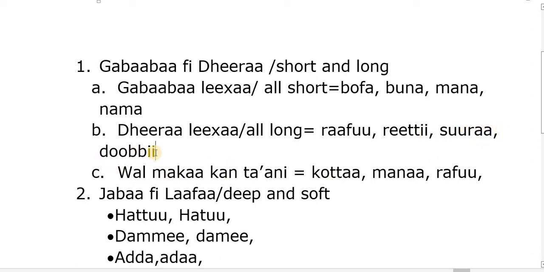Dobi, both are long sounds. As you can see, T here and the B here are strong, but we cover that next. So we need to identify those. When we say short, it refers to vowels, and the vowels are not repeated when we have short sounds.